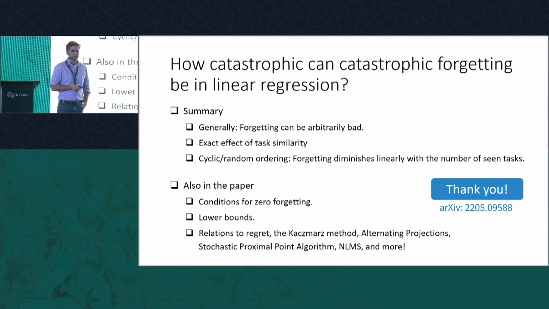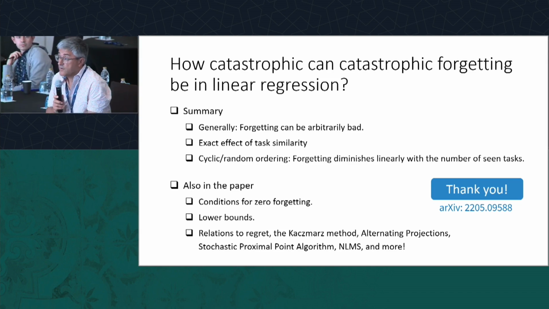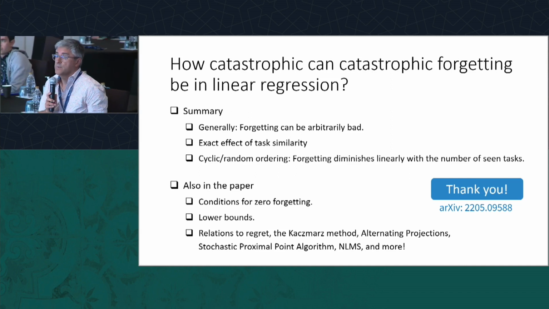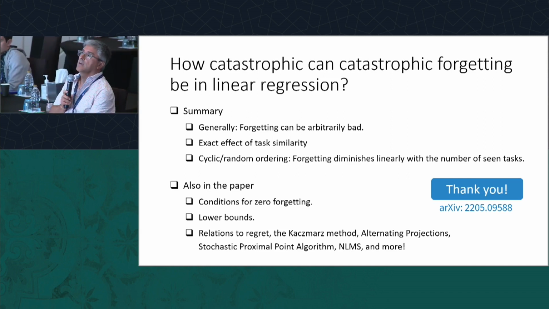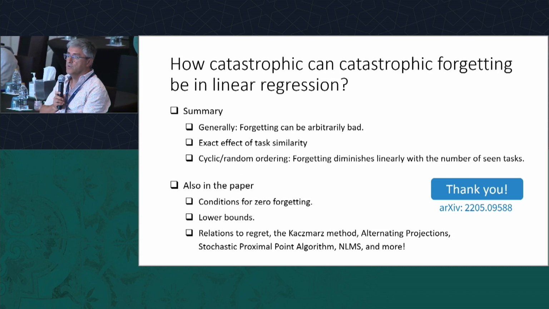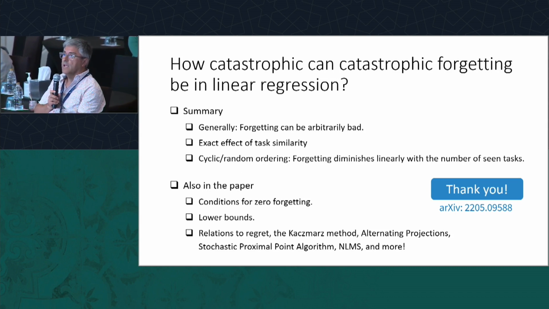A couple of questions. The first one is, in the realizability assumption, there is no reason to believe that the W star is unique. And all of your distances were distances to one W star. Shouldn't you have used a distance to the set of all global minimizers?